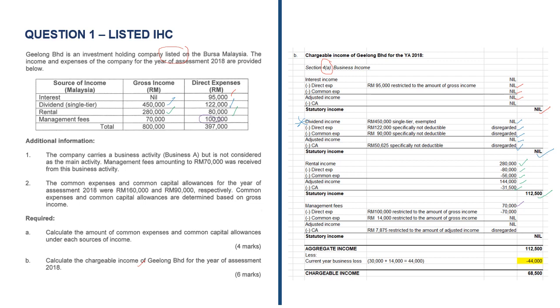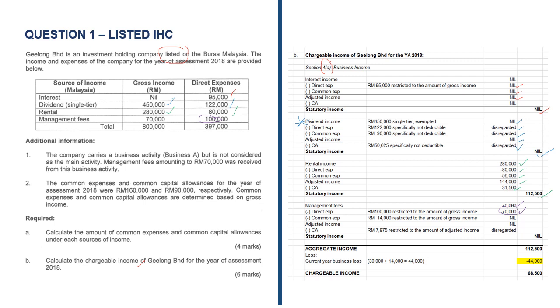Even though we have 100,000 yang dibenarkan untuk tolak, but then kita hanya ada income tahun ni yang berkaitan dengan management fee sebanyak 70,000 sahaja. So, berapa yang boleh tolak? Kita hanya akan tolak 70,000.